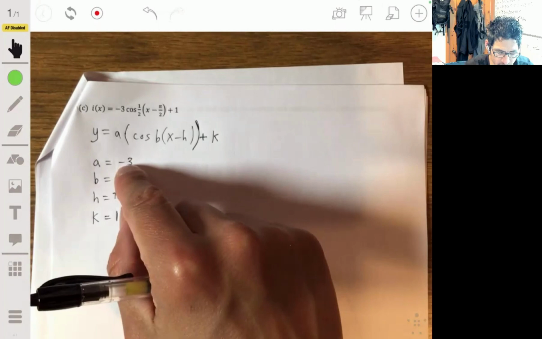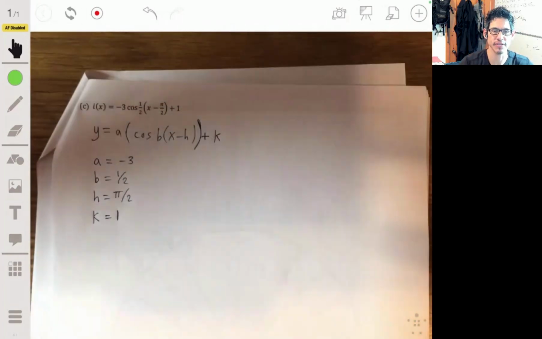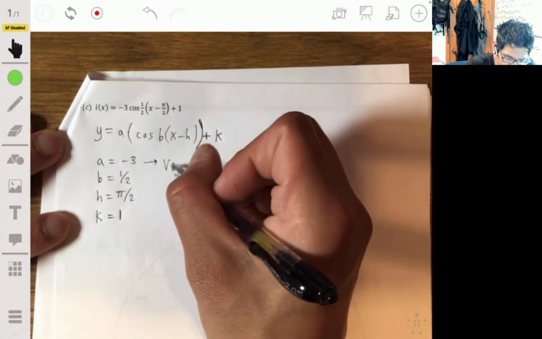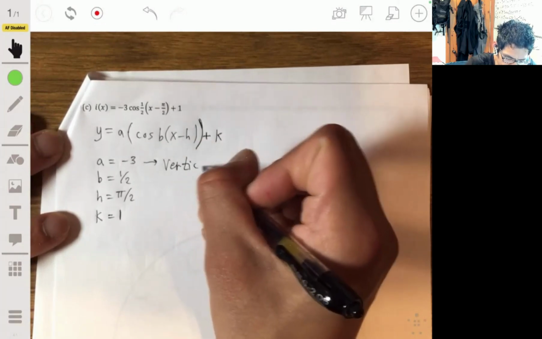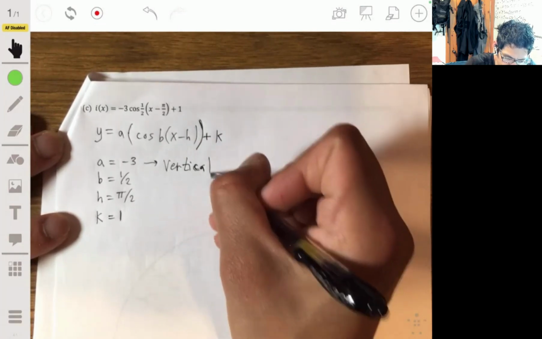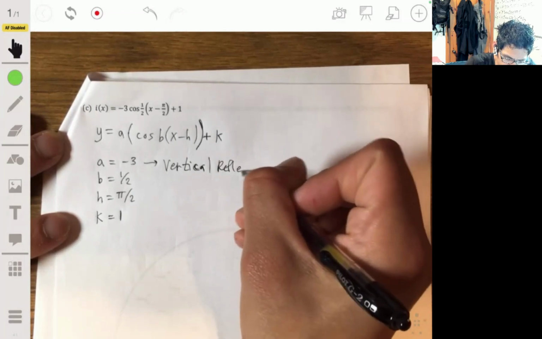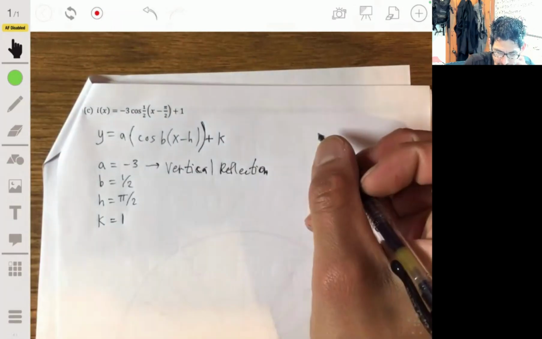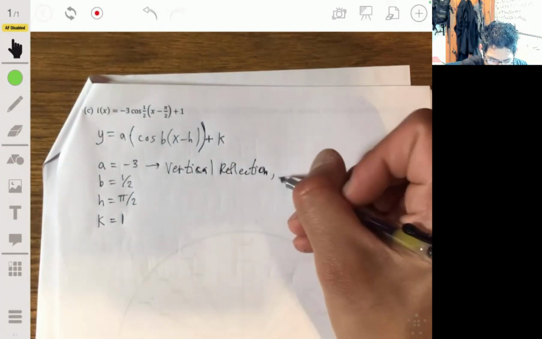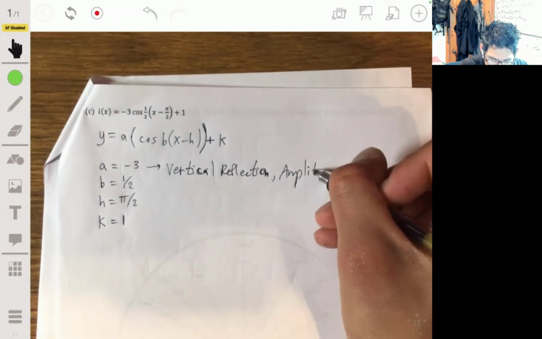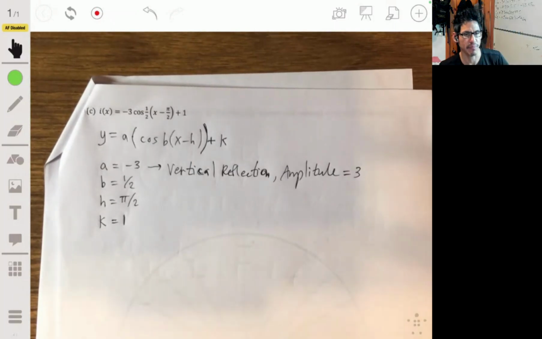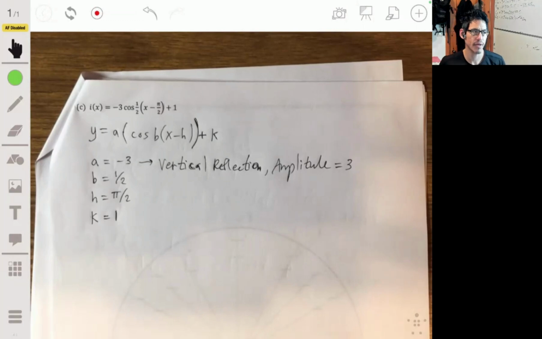So when A is negative, this is a reflection. It reflects it vertically, so it flips it over. So this is a vertical reflection. But the amplitude or the height is still 3. Amplitude is equal to 3. So to make it more formal, a vertical reflection and a vertical stretch of factor 3.